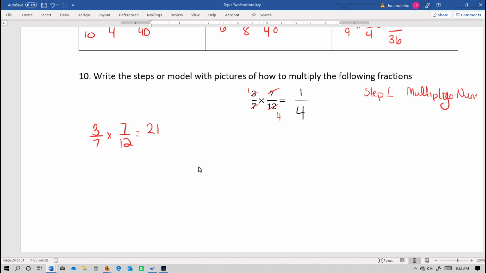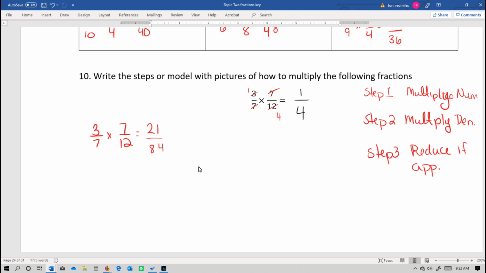Okay. Step 2, multiply denominators, which is 7 times 12, which is going to be 84. And then step 3 is going to be reduce if applicable. And I'm just going to put app because I don't want to spend forever writing it.